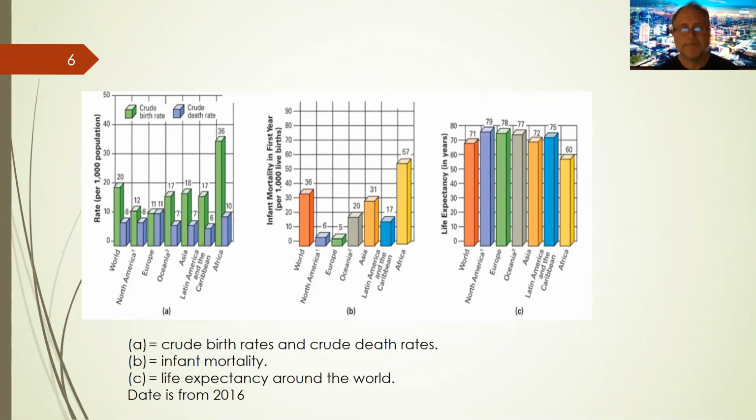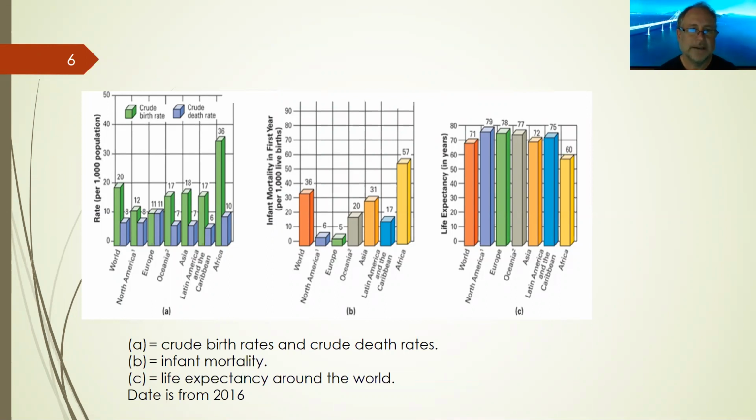On this slide, we can take a look at the crude birth rates and crude death rates on the left-hand side, and life expectancy around the world on the chart on the right-hand side. This data comes from 2016.